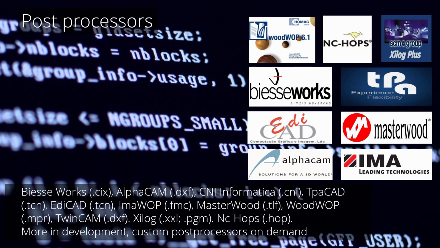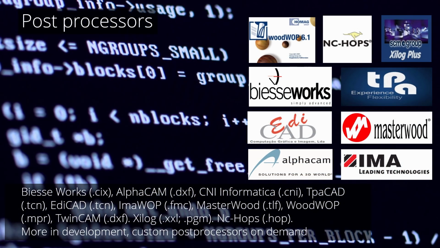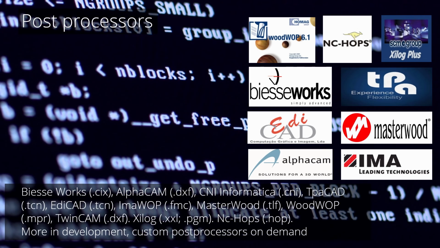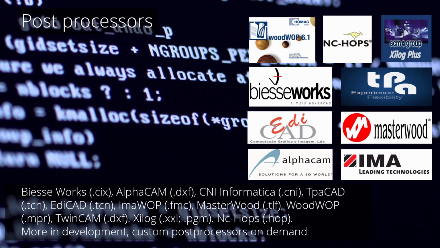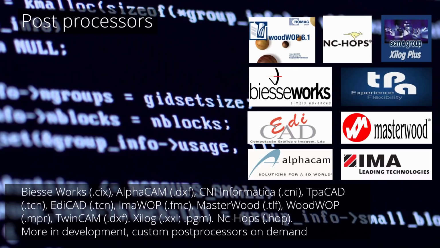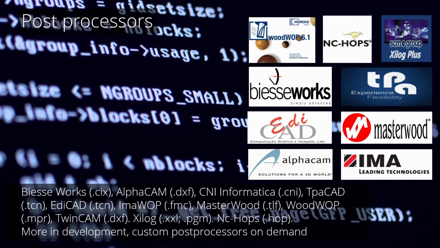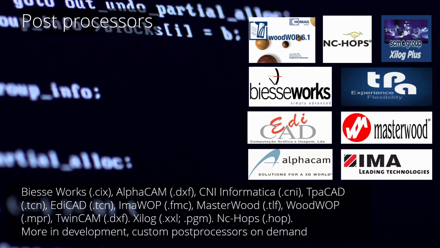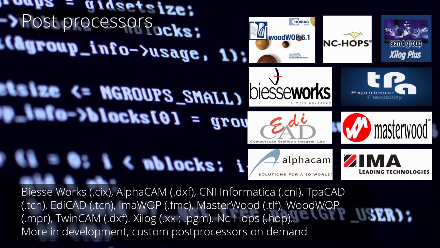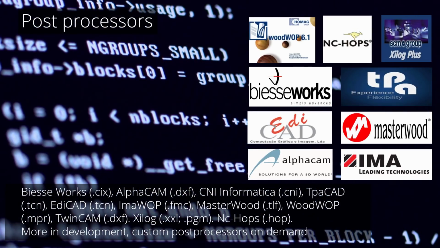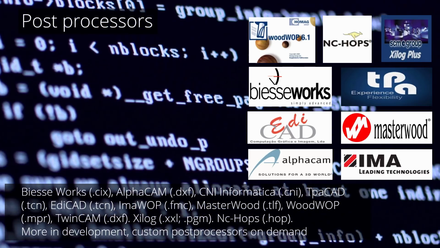There are post-processors available for different machines. As you can see, there are many familiar brands, but don't worry if you don't see your model in this list, because custom post-processors can be made on demand.